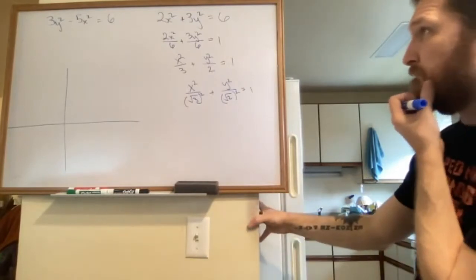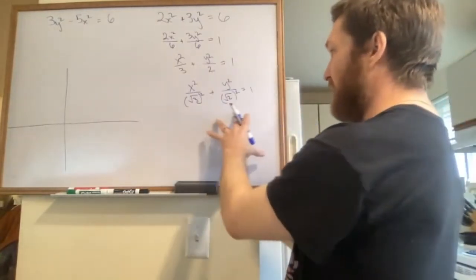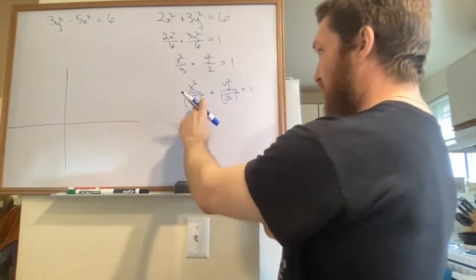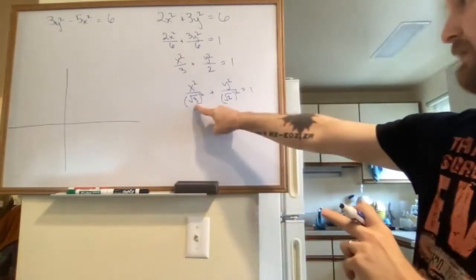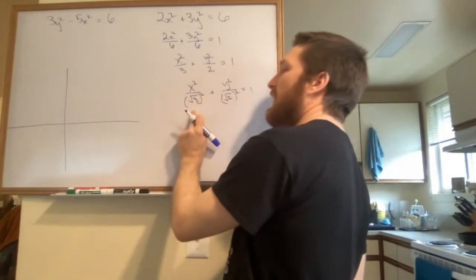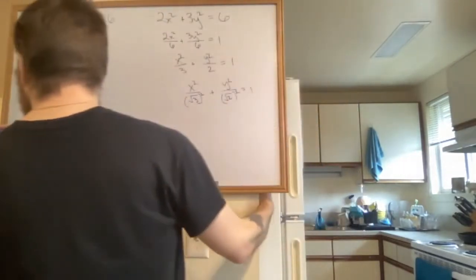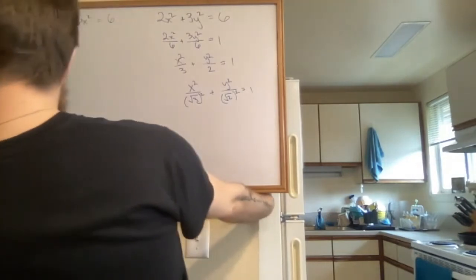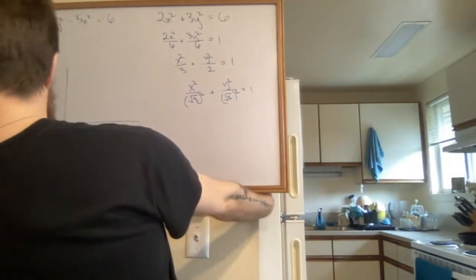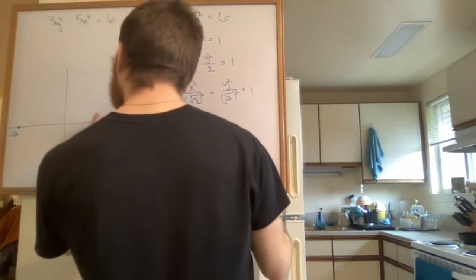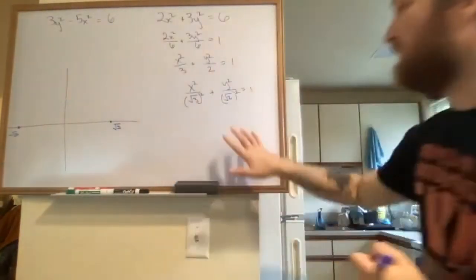I'm going to say, okay, let's try this thing here. This thing goes through at plus and minus root 3. So it really goes through the x-axis at plus and minus root 3. What's really nice about having the standard form is I've done all the work.